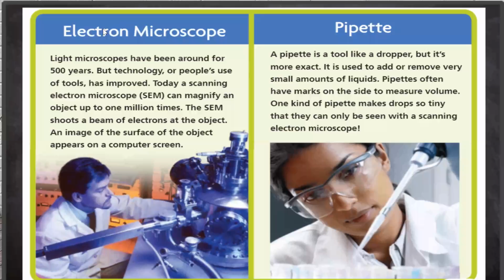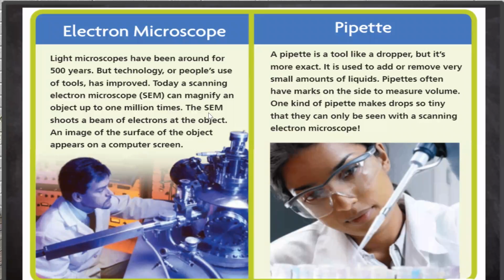Electron microscope. Light microscopes have been around for 500 years, but people's use of tools has improved. Today, a scanning electron microscope (SEM) can magnify an object up to 1 million times.